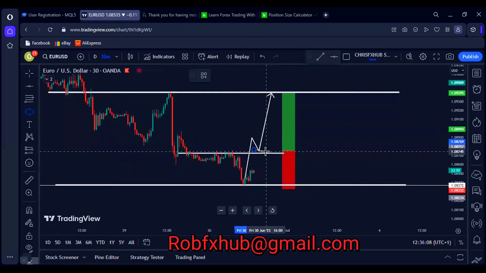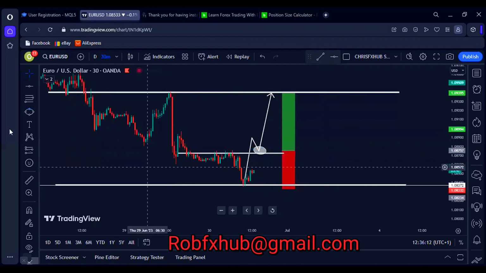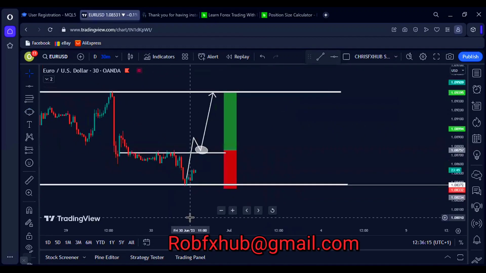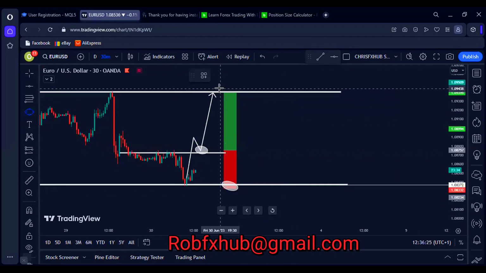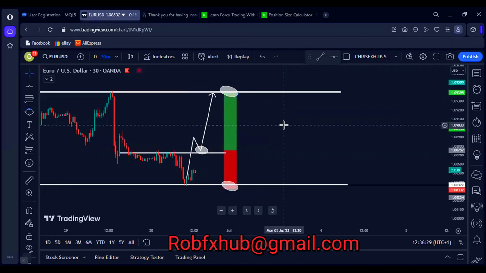This is our entry. And this is where we want to put our stop loss. And these are targets, though the main focus of this training is not the target, it's just the stop.